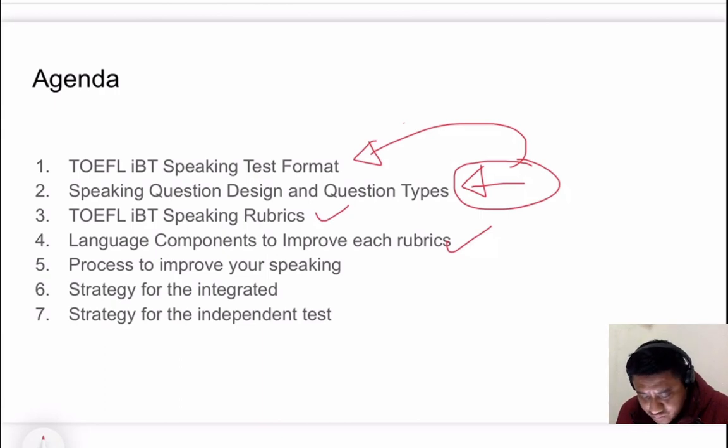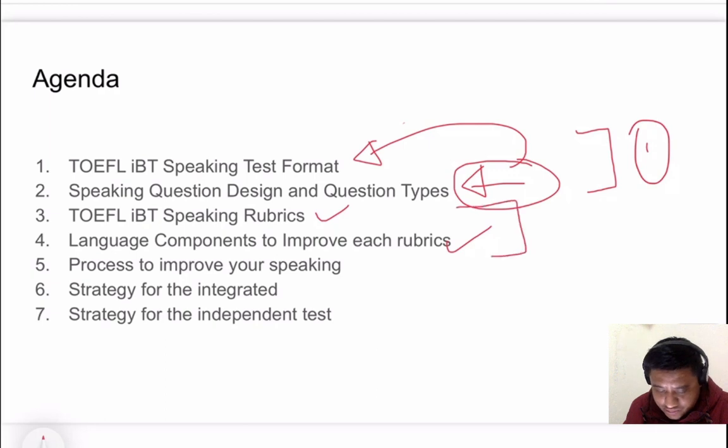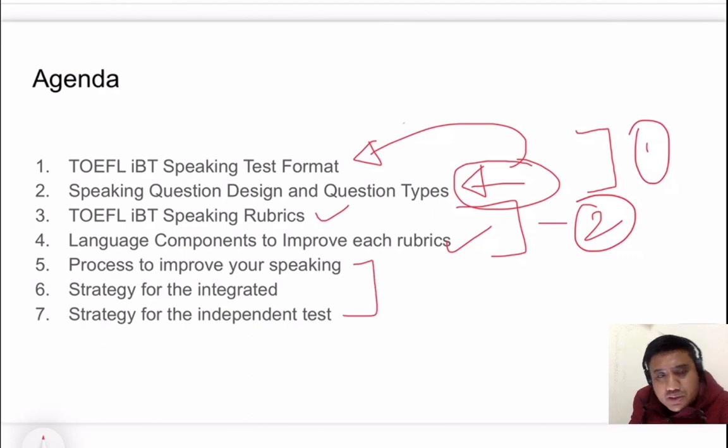So this is what I've been doing. But for today, I tried to divide these agendas into smaller videos. I put speaking question design and question types and the TOEFL iBT speaking test format into one video, TOEFL iBT speaking rubrics and language components to improve each rubric into a second video, and in the third video I put the process to improve your speaking and the strategies.